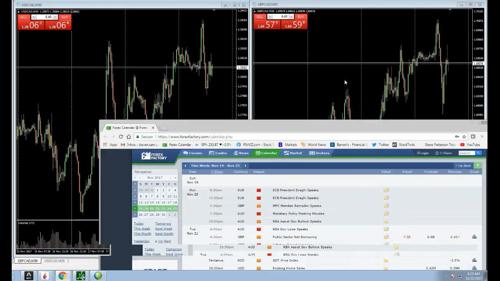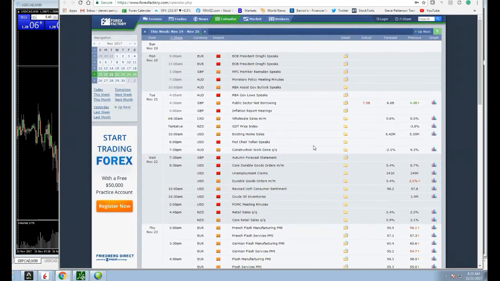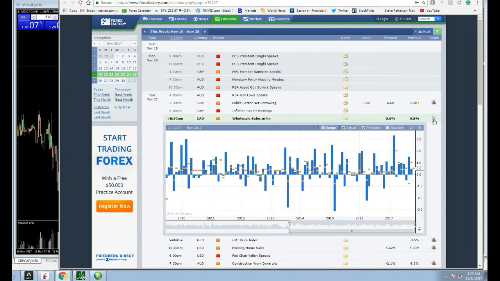Number one, we have wholesale sales, and it looks like it's going to be a fairly benign number, but you can see that this data really is all over the place, which means there's a high probability for a miss on this data one way or the other, and it should create some volatility.